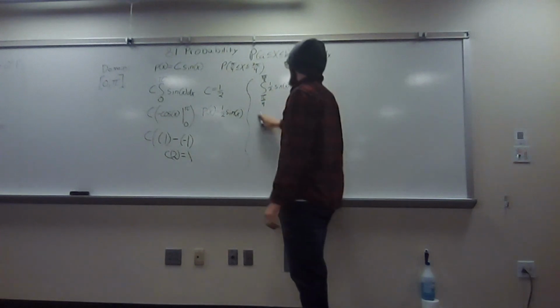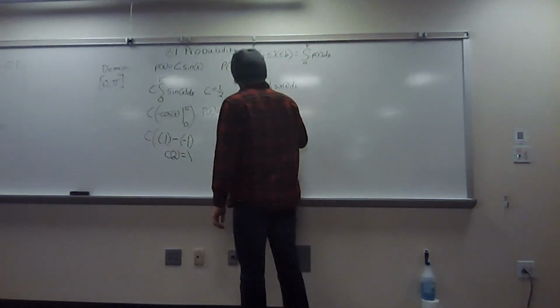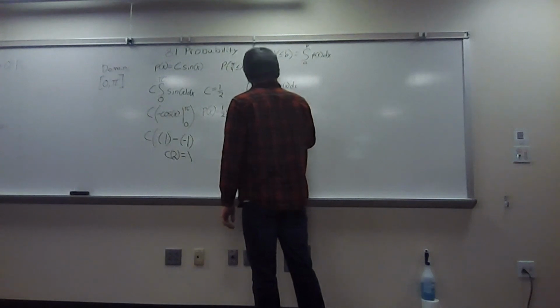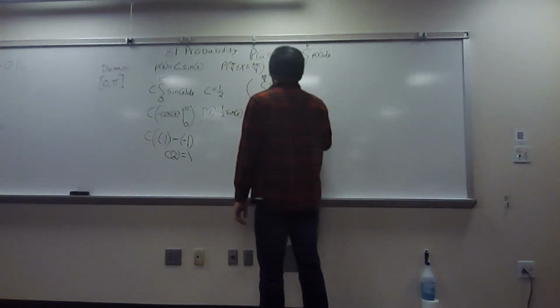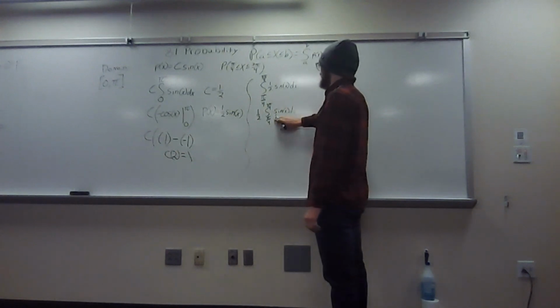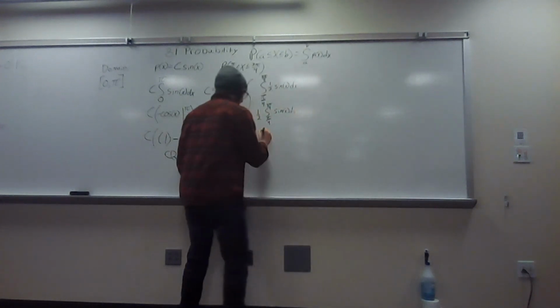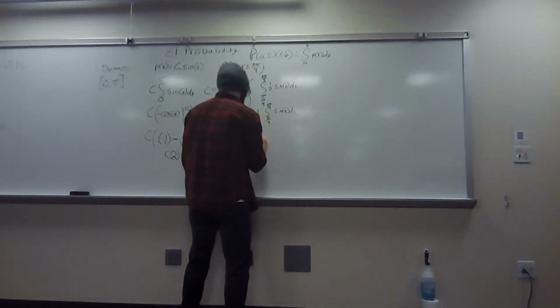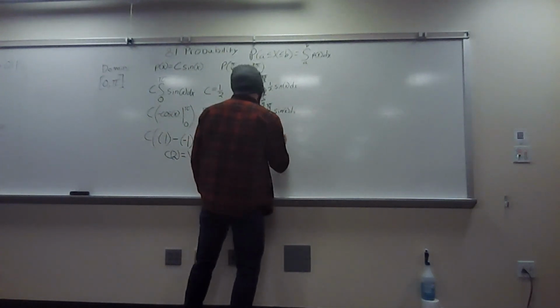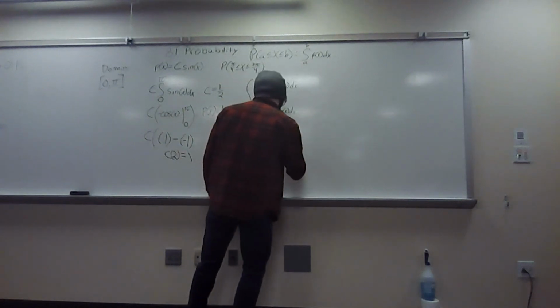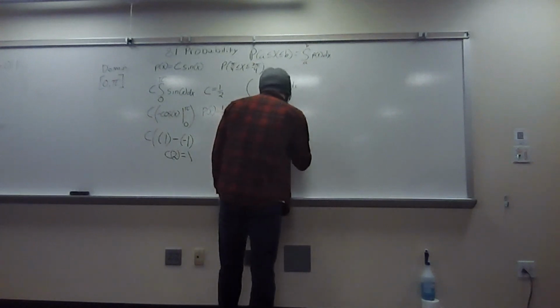And since 1/2 is a constant, we can pull that out of the integral. So we're left with the integral of sine of x dx from pi over 4 to 3 pi over 4. So if we integrate this into the antiderivative, we get 1/2 times negative cosine of x, evaluated from pi over 4 to 3 pi over 4.